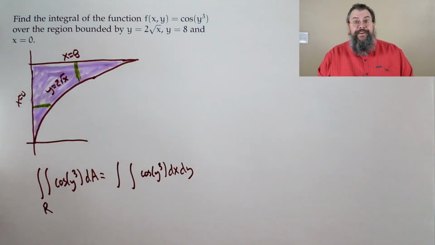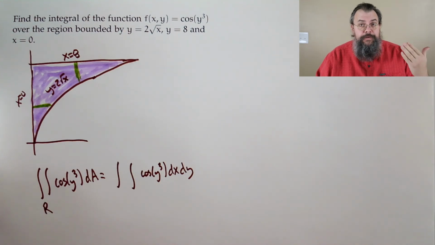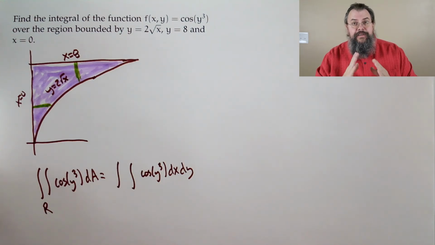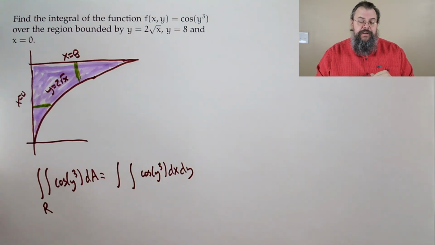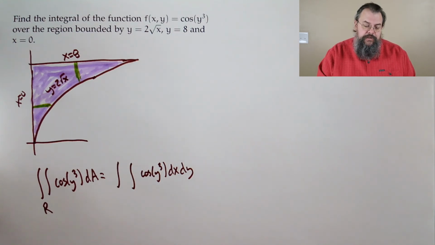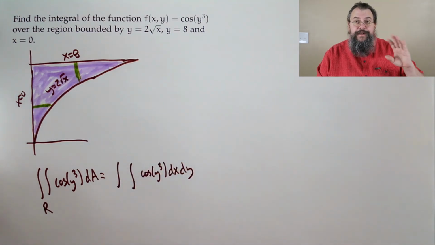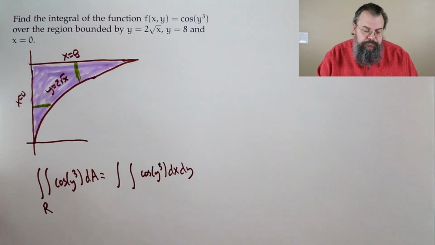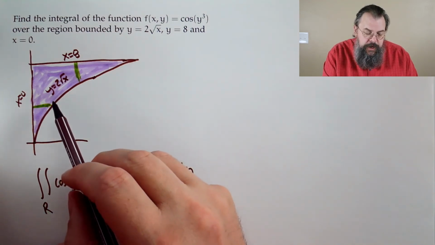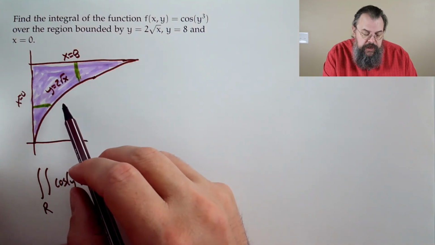I like 0. 0 is a friend. And so as soon as you can get 0 in, do it. So that's why, if we integrate dx dy, I can get 0 on the inside. Whereas if we did it as dy dx, no, forget it. Hopeless. Can't do it.